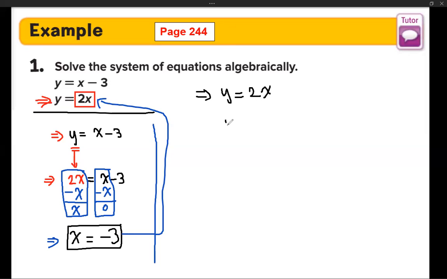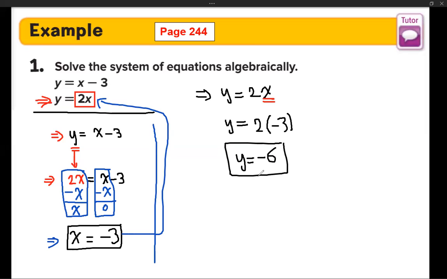Okay, and now instead of writing x, what should we write? Substitute its value. We know now that x is equal to negative 3. So the answer will be something like 2 times negative 3, which is equal to how much? y is equal to negative 6. And that's it. We solved the question.